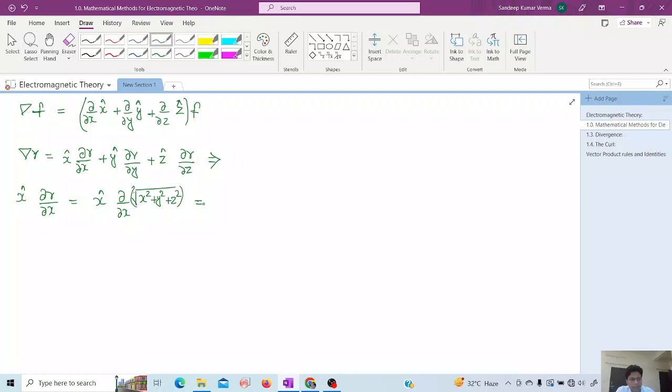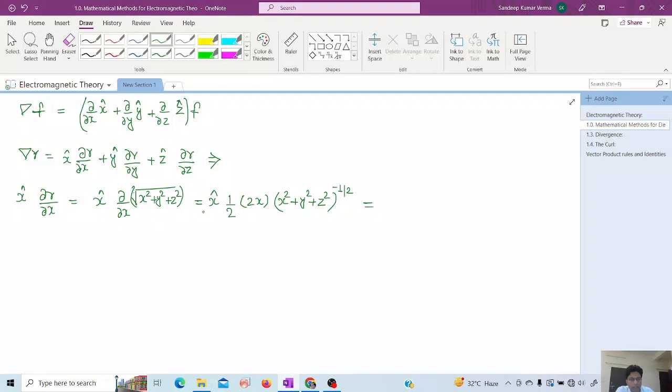Now let's differentiate. For the x̂ term, if we differentiate, the 1/2 comes outside, and differentiating the inside gives 2x, times (x² + y² + z²) to the power minus half.